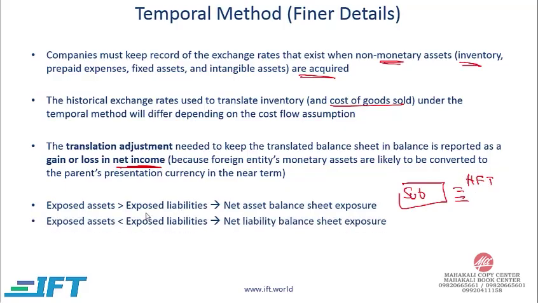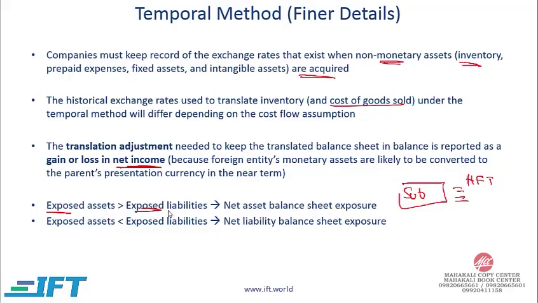Next, we come to balance sheet exposure. Here again, we look at exposed assets versus exposed liabilities. And I want to make sure you understand what this term exposed means. By exposed, we mean the assets that will be translated at current rates. And exposed liabilities are the liabilities which will be translated at current rates.